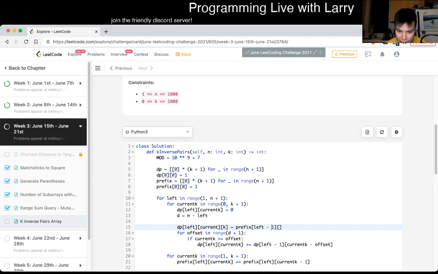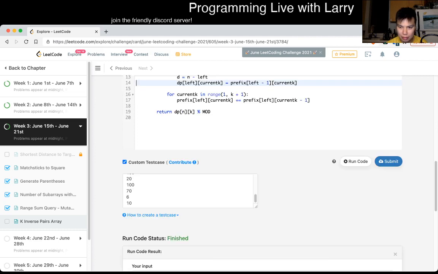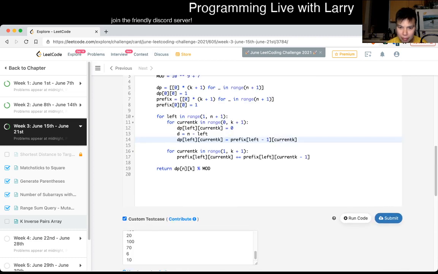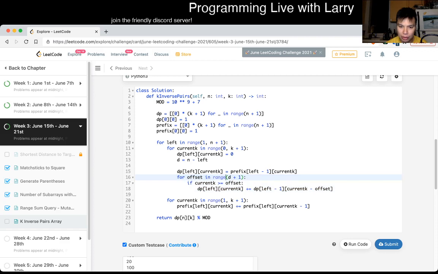Whoops, why does this have so many thingies? Current k, right? I mean, I know that I wrote it in an awkward way, but hopefully this is oh, because I have to do it all over d, not over k.